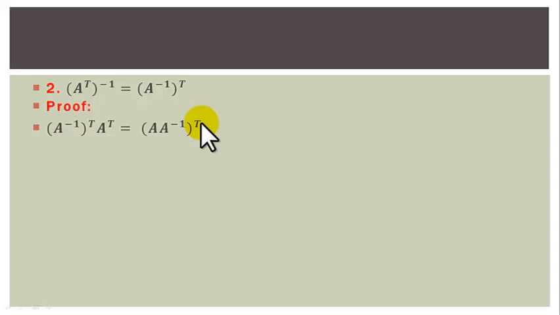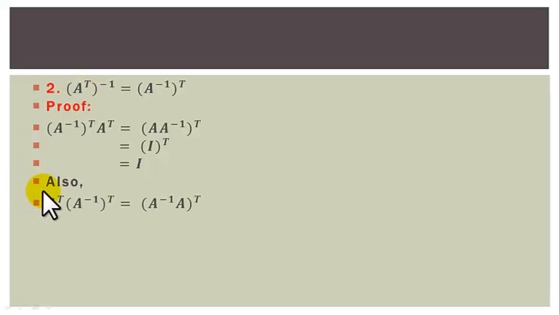Recall the reversal rule for the transpose of the product of two matrices. But since A times A inverse is I, this is equal to I transpose. I transpose is equal to I. Next, we post-multiply this by A transpose.